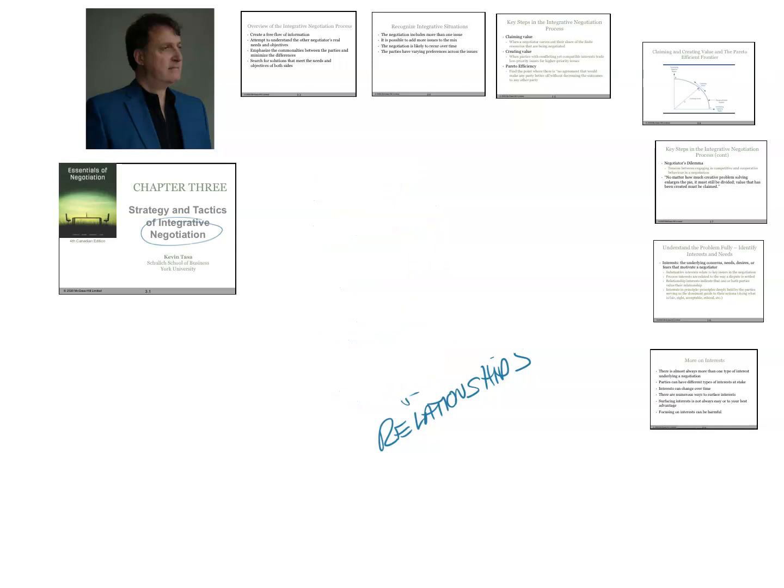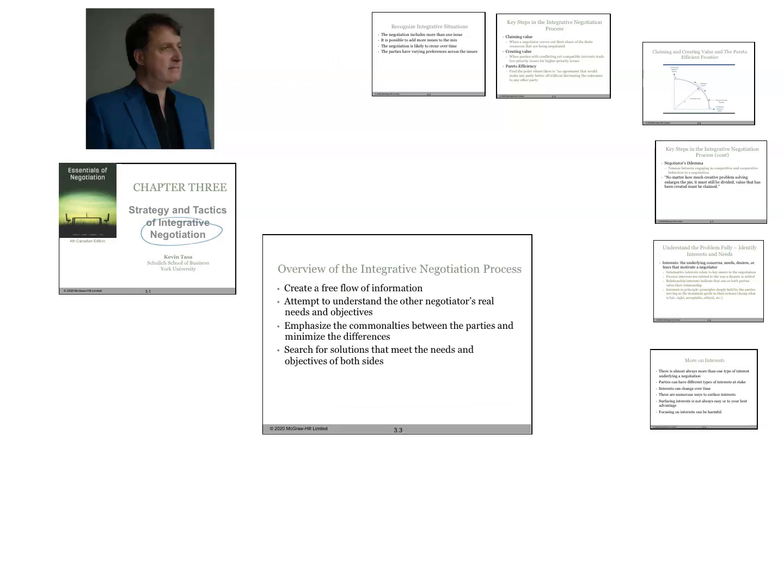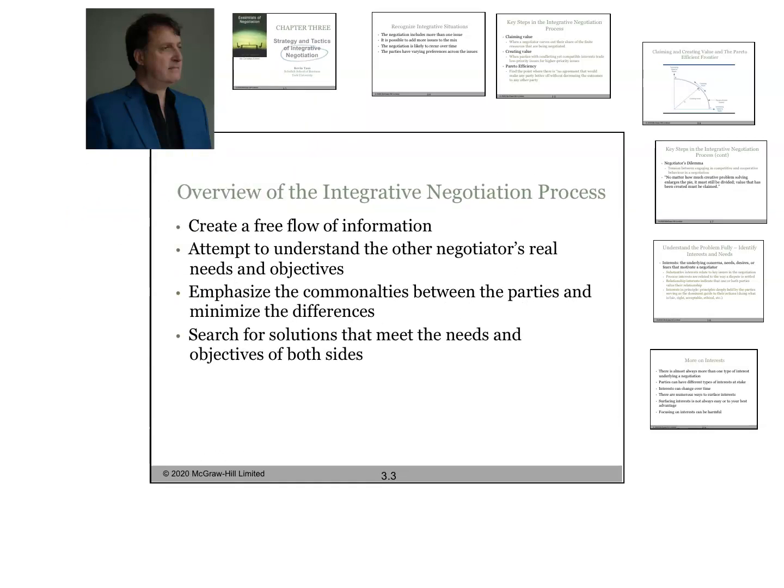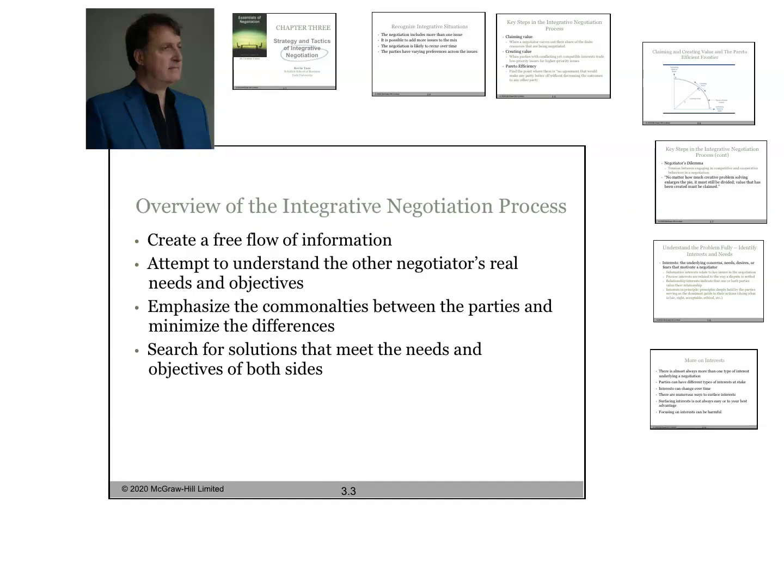So the first thing we're going to do is have a look at an overview of what integrative negotiation is all about. So what is the integrative negotiation process? First and foremost, we need to think about creating a free flow of information. And why do we do this?